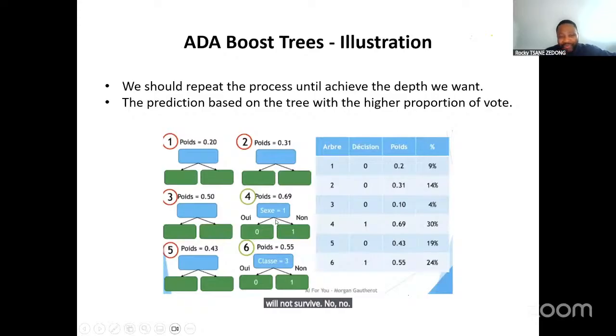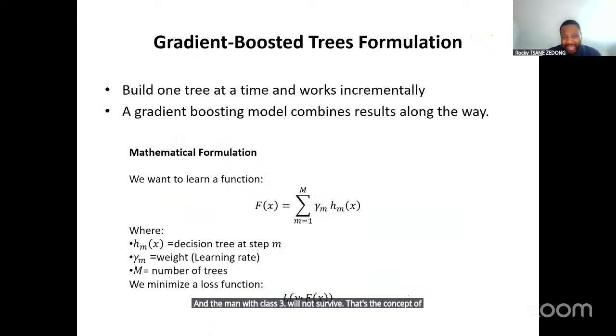The men will not survive, and the men with class 3 will not survive. That's the concept of AdaBoost.